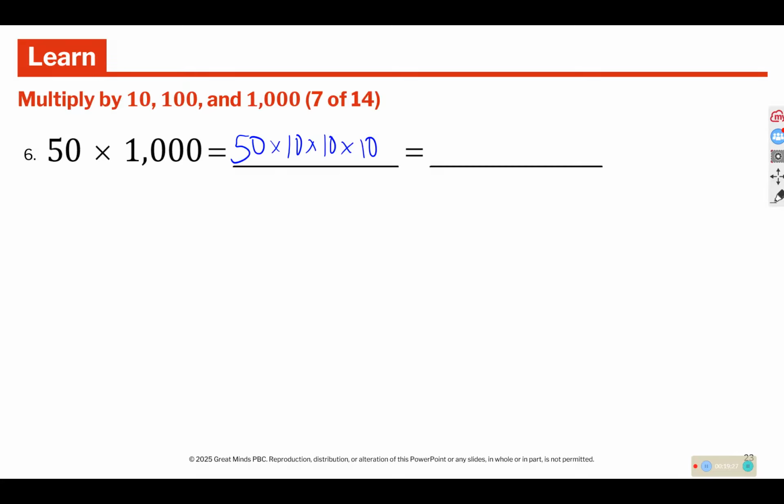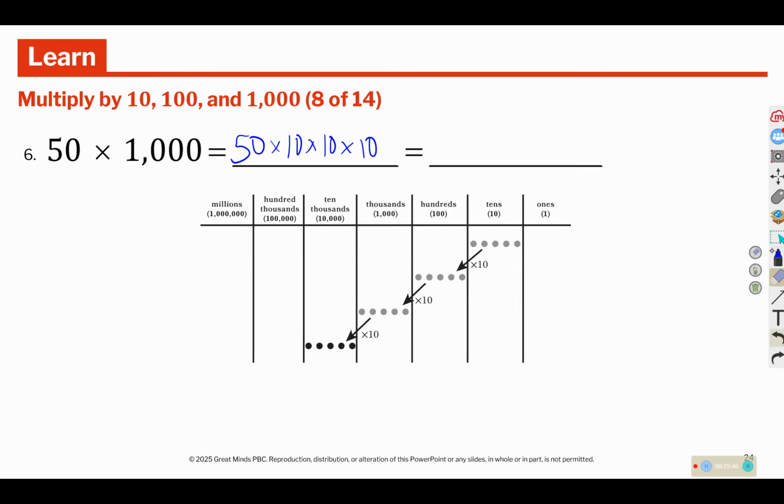Let's look at how this plays out on the place value chart. We would place 5 in the tens column, and then we would transfer or shift those by 3 columns. Here we started with our 50, and then we've shifted 1, 2, 3 times, and we've landed in the 10,000 spot. I have 5 10,000s.